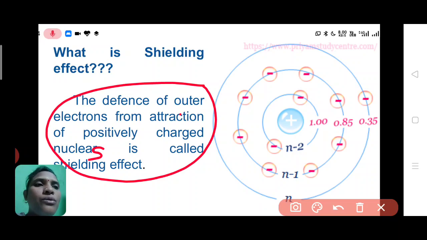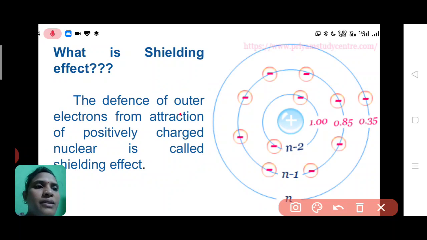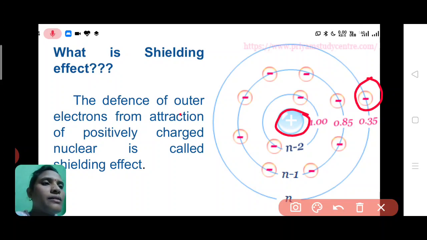So now see in this picture, shielding effect. See, this is the outermost electron and this one is the nucleus. Nucleus has positive charge and these outer electrons all have negative charge. So consider this outer shell is S shell.